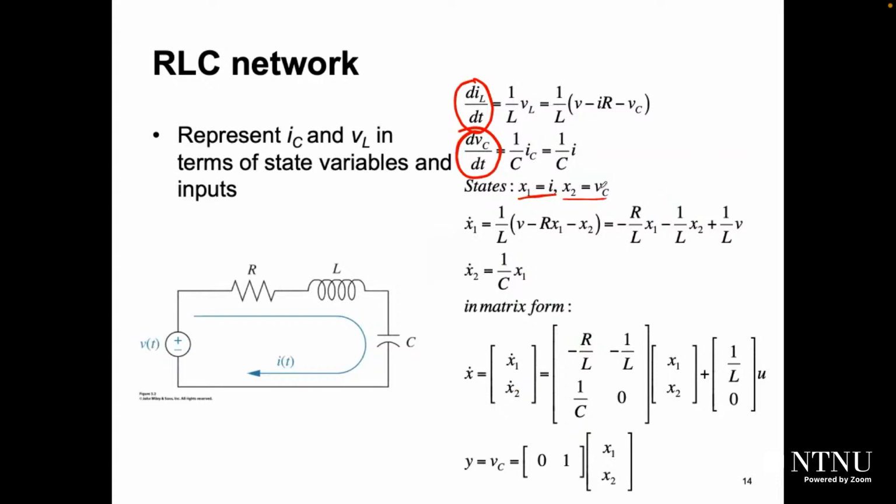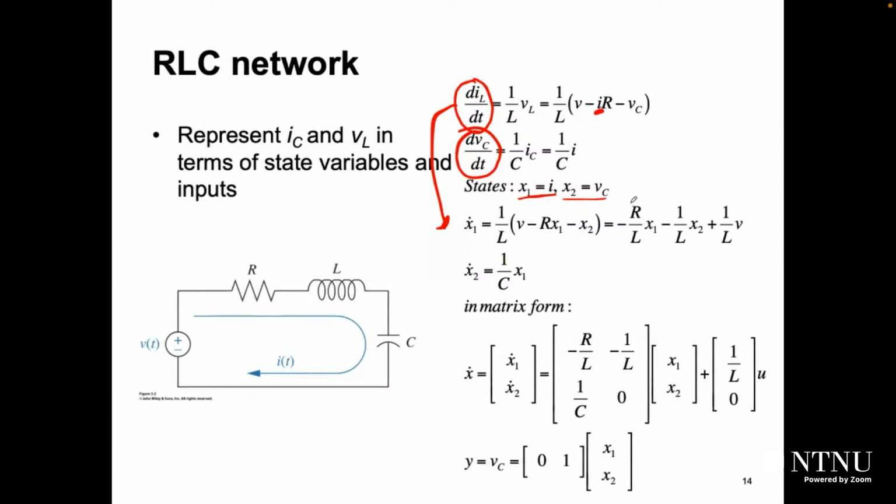If you want to replace I and VC with the states, it will be like x1 dot, the first equation. So x1 dot equals 1 divided by L multiplied by V minus R times x1 minus VC, which is x2. Just order it.